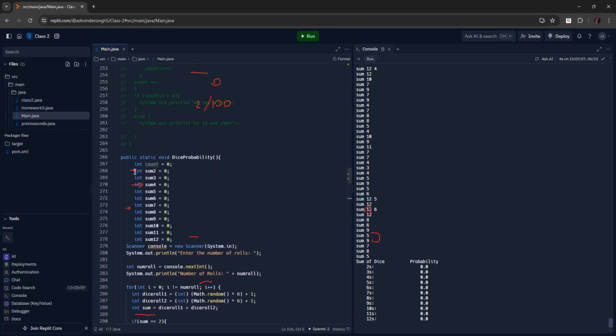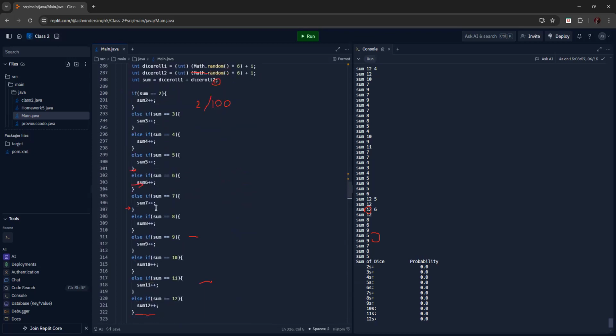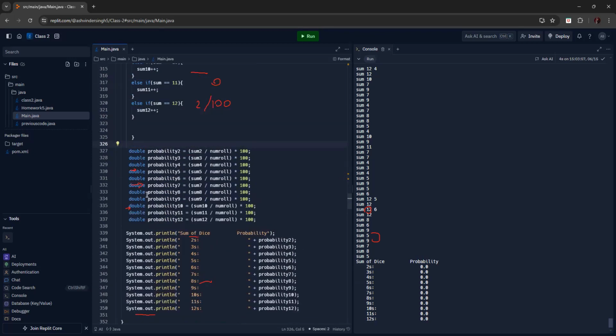Wait, go down. There is another way that you can actually do this only for the calculation. There is something called casting. Go down more. So the casting says, if I put double in here, yeah, I remember.